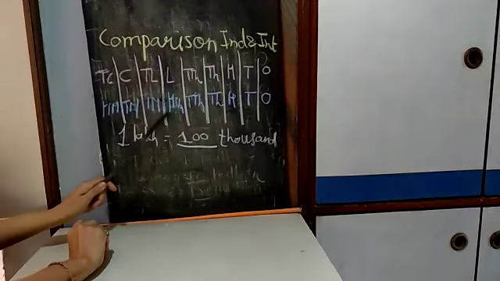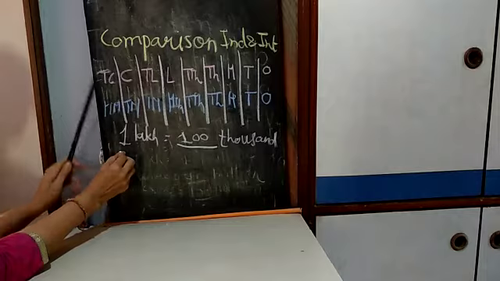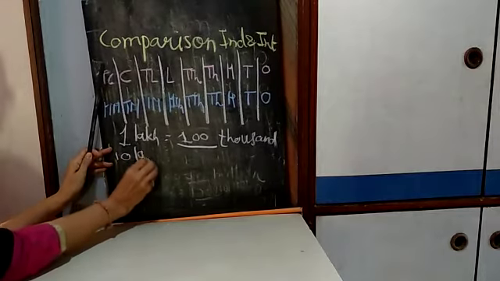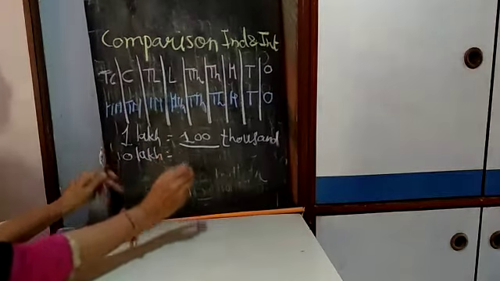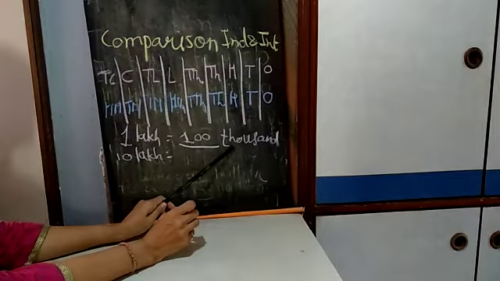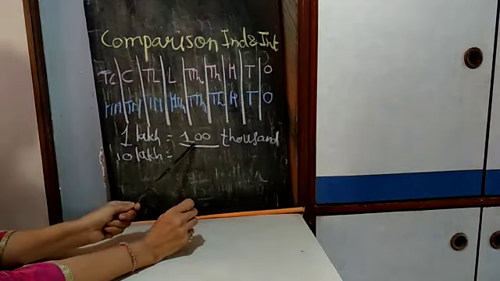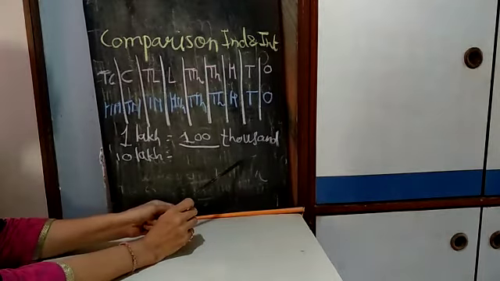Right children? Now you can multiply the numbers. Instead of 1 lakh, it is 10 lakhs. So 10 lakhs is equal to how many? If it is 1000, then you can write 10 multiplied by 100, that is 1000.